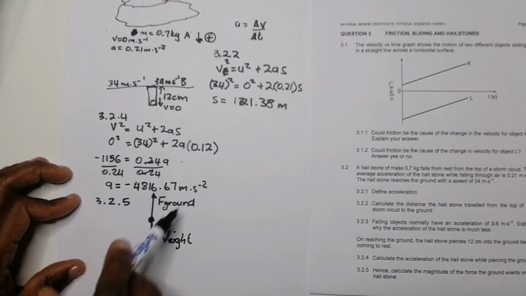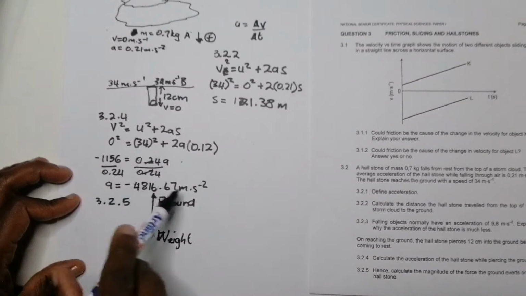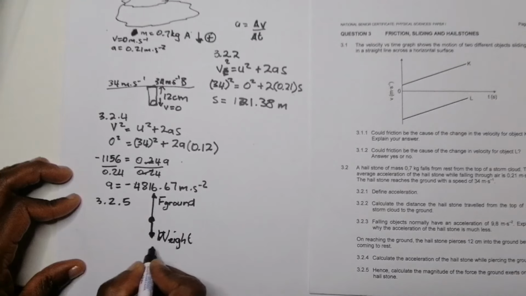So this is the force that we're looking for. Now I want you to think about it. We already have the acceleration, meaning that we can get the net force, but we can also find out what the weight is. Remember, when we calculate weight, we always say this is mass multiplied by gravitational acceleration, isn't it?